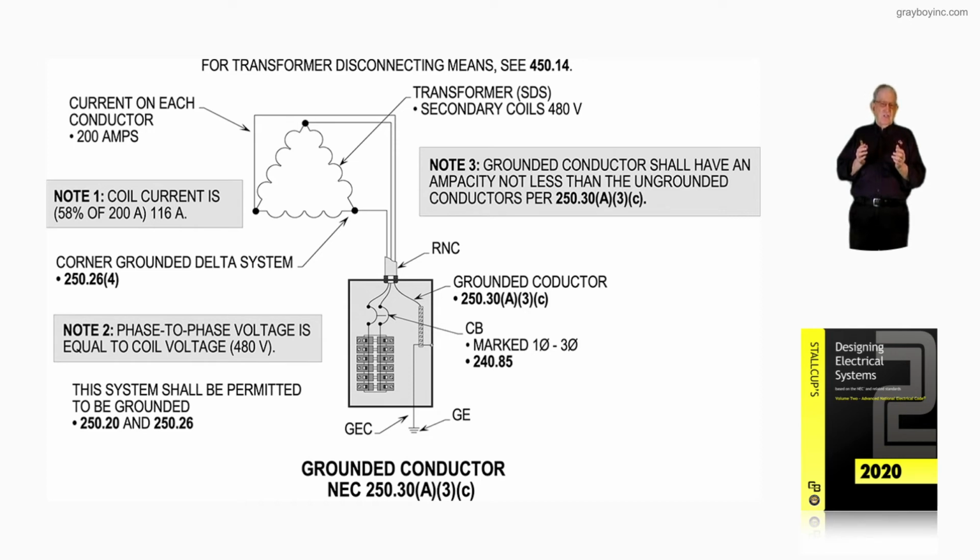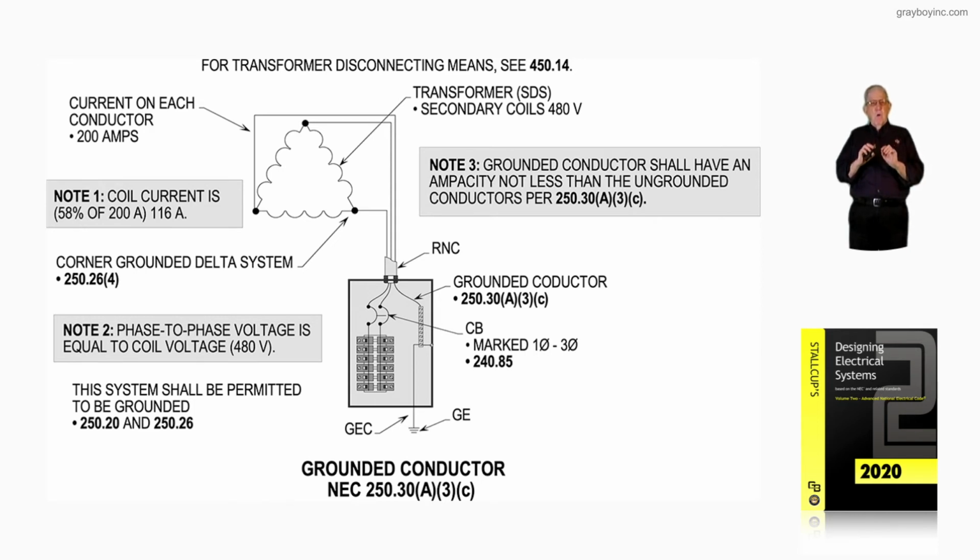Say it's a Y system. Then you have to make sure that you apply the straight mark breaker or the slash mark breaker, which we reviewed in detail in Volume 1 of Stallcup's Electrical Design book in Chapter 9. And we said a slash mark breaker references voltage to ground, so to speak, and phase-to-phase voltage.